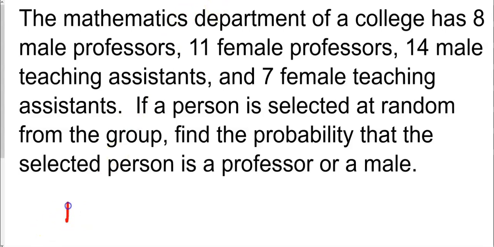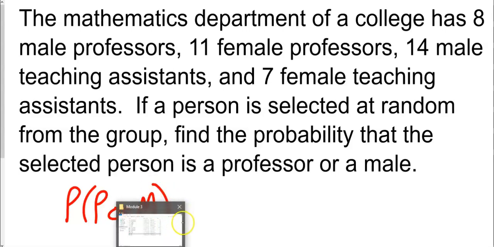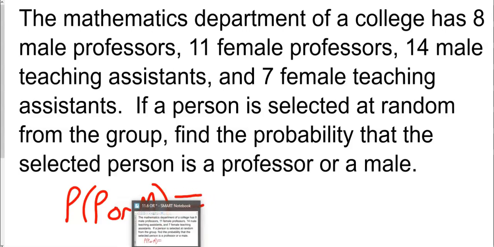So on this one, we want a professor or male. So if I think about this situation, is it possible to be both a male and a professor at the same time? Well, I would hope your answer would be yes. So this, again, is a not mutually exclusive event because you can be a professor and a male at the same time.